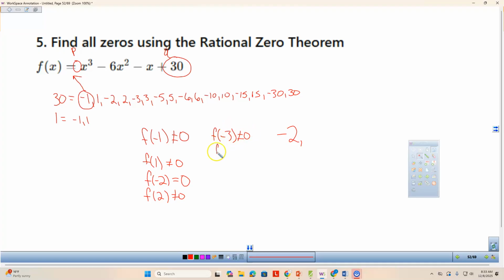Not 0. Guys, guess what f of 3 is? 0. Guess what f of 5 is? 0. So, again, this problem is extremely tedious, but the nice thing about it is you'll know when you get it right, because you plug in the numbers and you get 0.